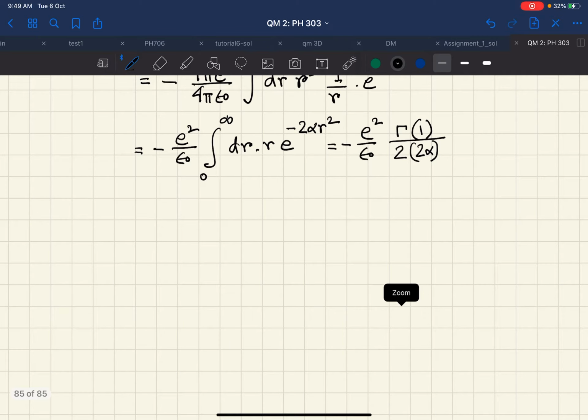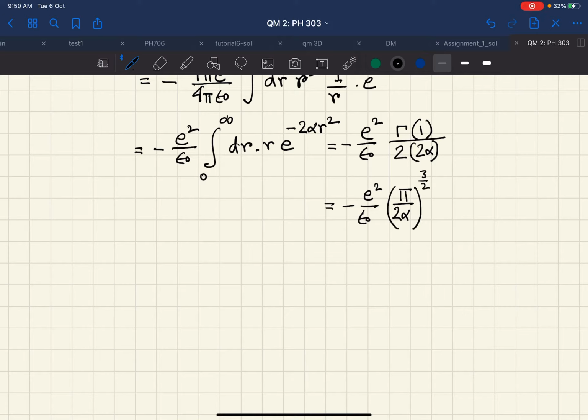So this finally is leading to minus e square by epsilon naught 1 by 4 alpha, but let us write this again in a slightly complicated manner. Let me introduce this factor of pi by 2 alpha to the power 3 by 2.